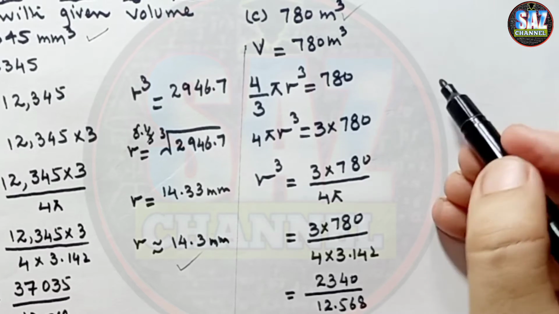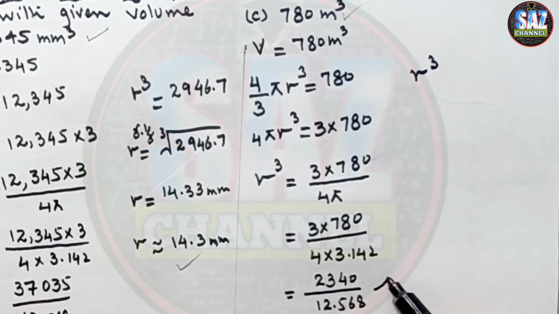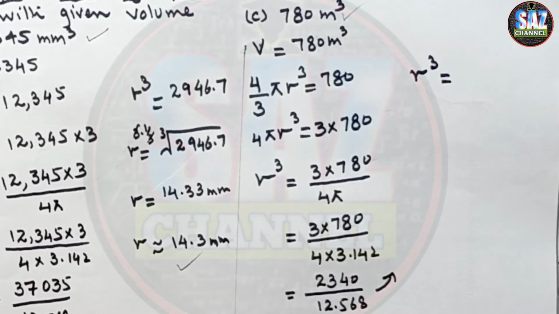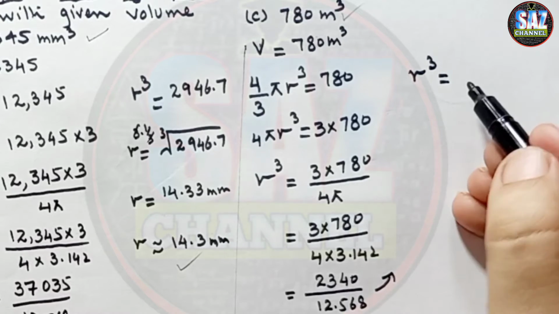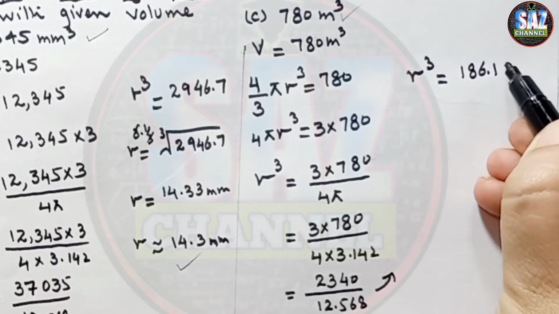And now r cube will be equal to 2340 upon 12.568, and this gives me 186.18.